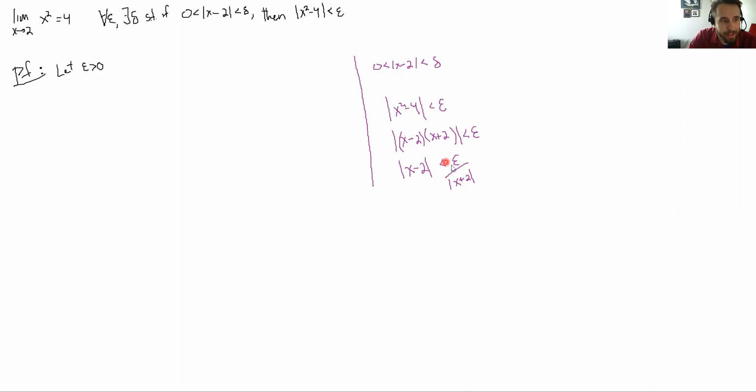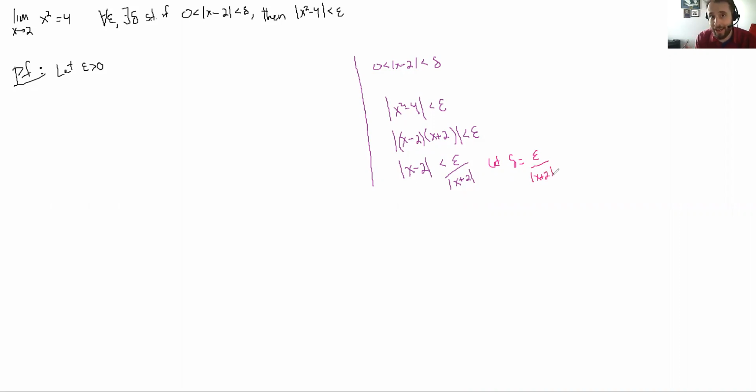Here we have an inequality involving x minus 2 and epsilon. So at this point, we might want to let delta equal epsilon over x plus 2.